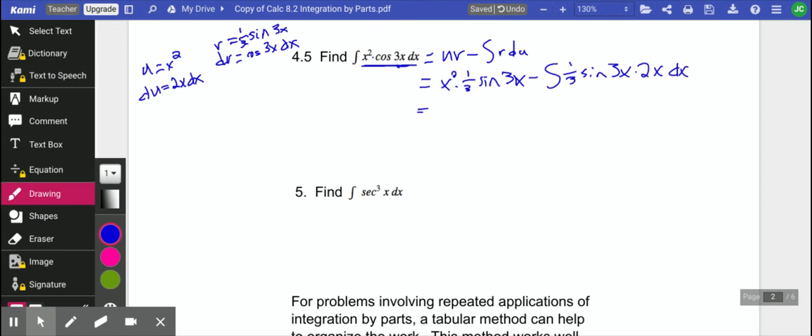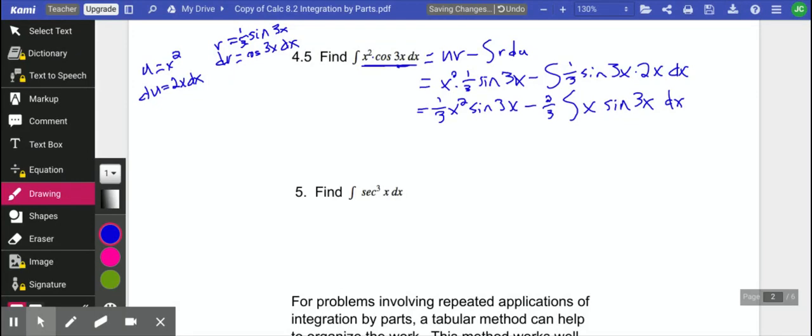Okay, I am going to clean that up before we move on. So this is 1/3 x squared sine 3x minus, I'm going to pull our constants out, which is the 2 and the 1/3. And then we have x sine of 3x.